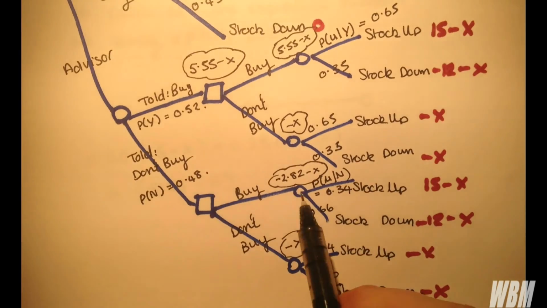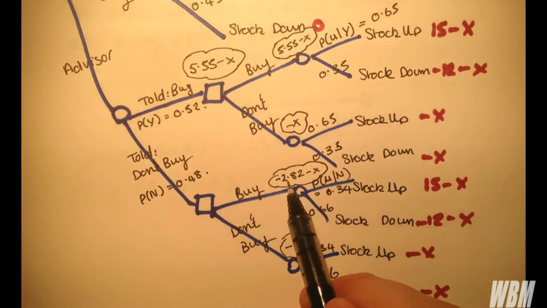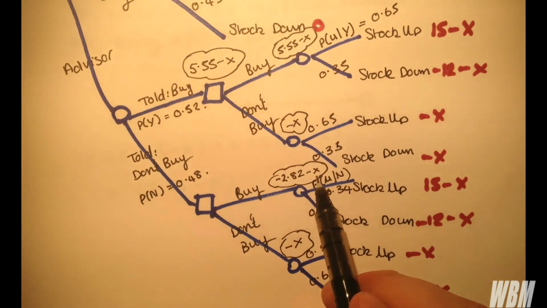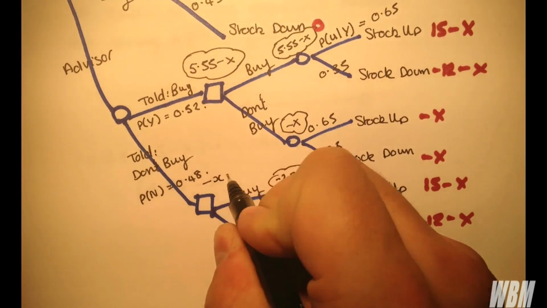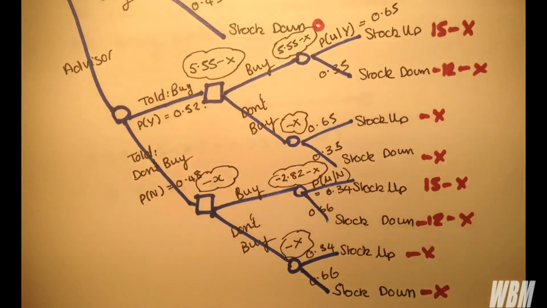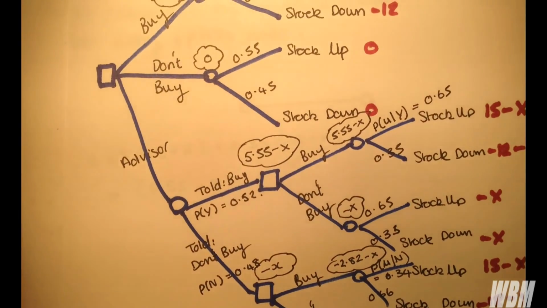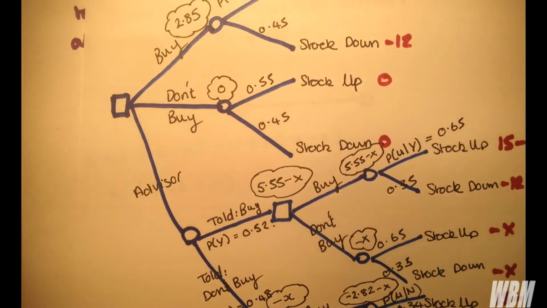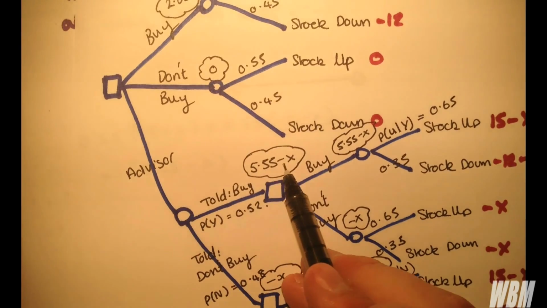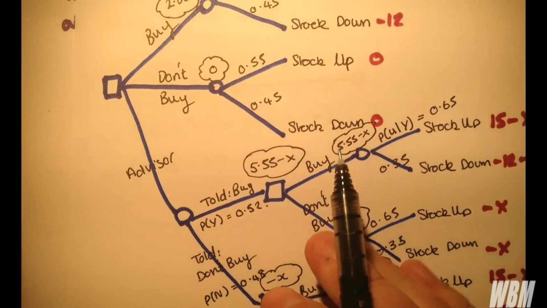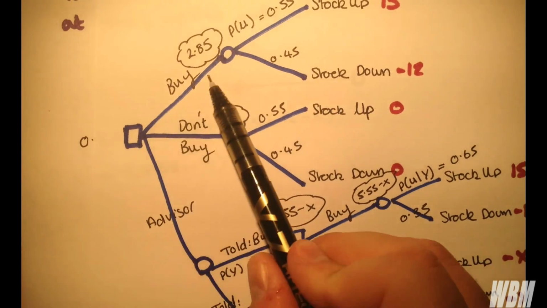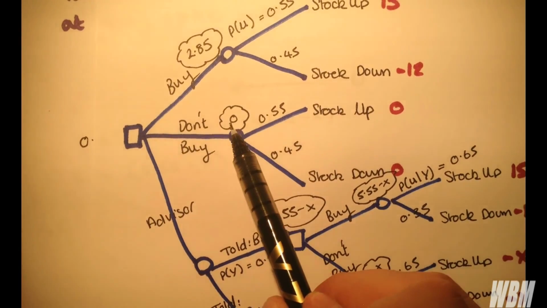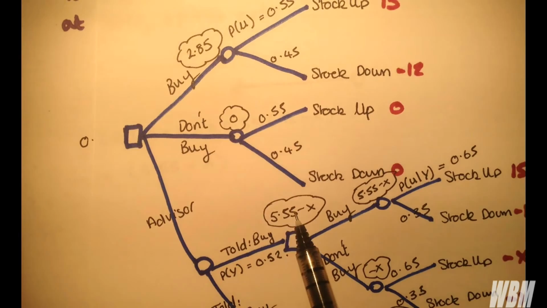And at this decision node we have minus 2.82 minus x and minus x. Of course minus x is the largest. So now we're left with a bit of a conundrum here. Obviously 5.55 minus x is larger than minus x. So at this decision node, we obviously don't choose 0, so do we choose 2.85 or 5.55 minus x?